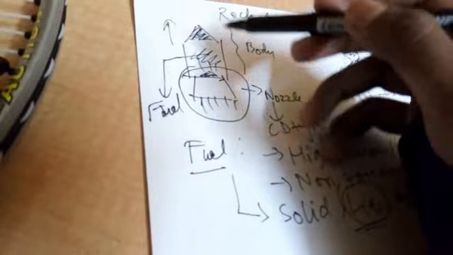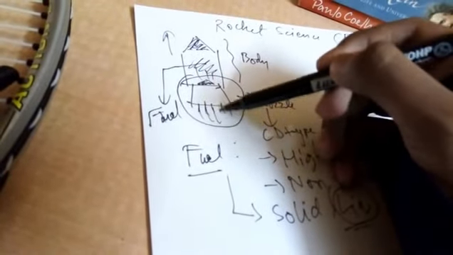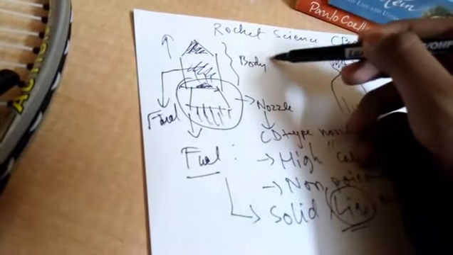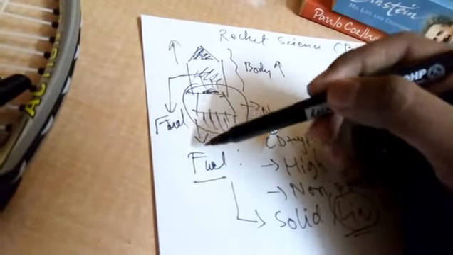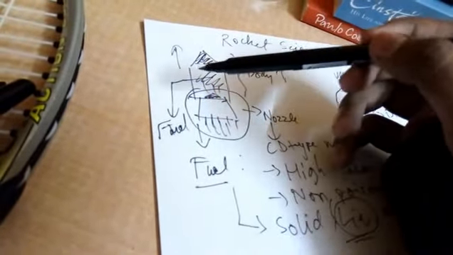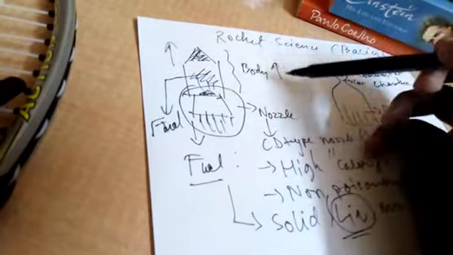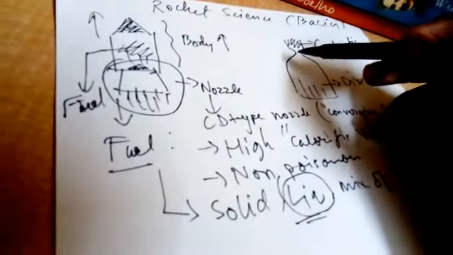Now, one thing I forgot to tell you: this follows Newton's third law. More pressure down here, so more force up there. Force is more here because you want a large amount of force up there. And another thing, why is it converging?